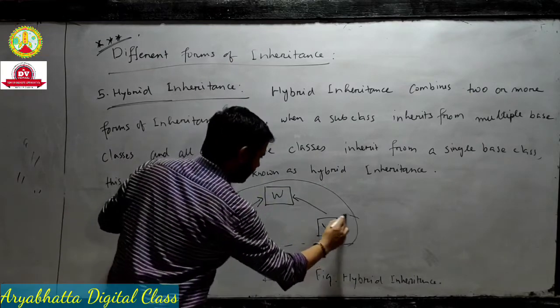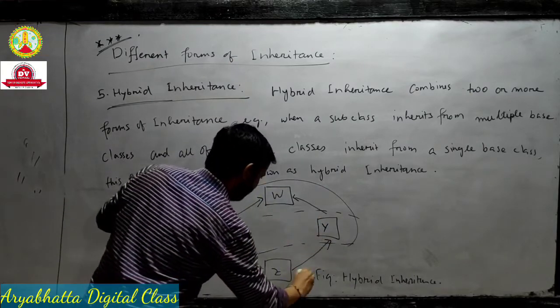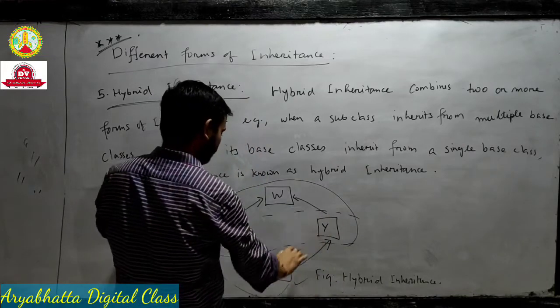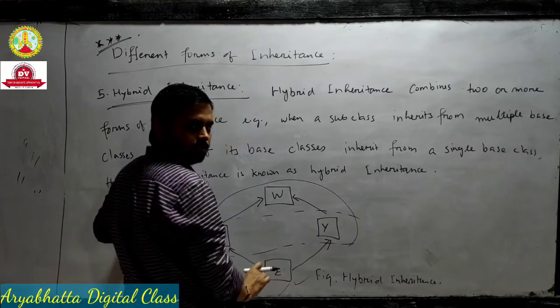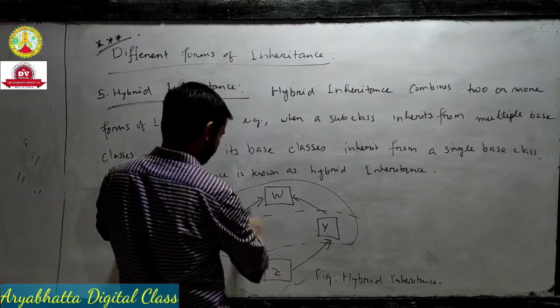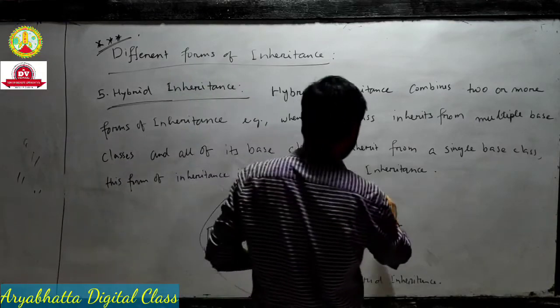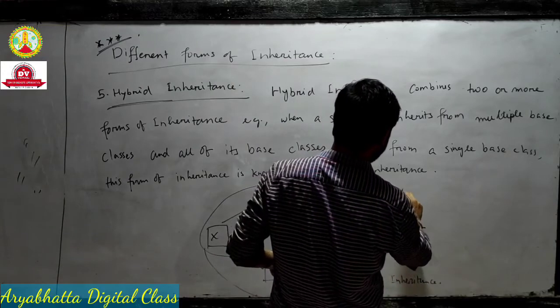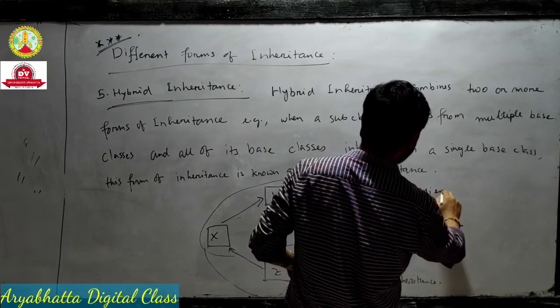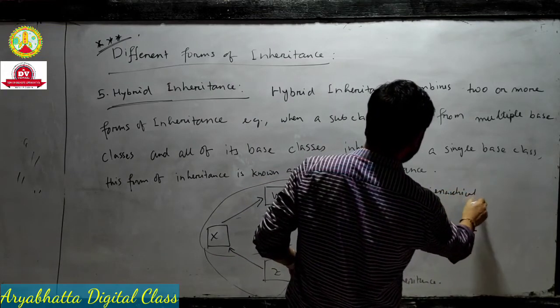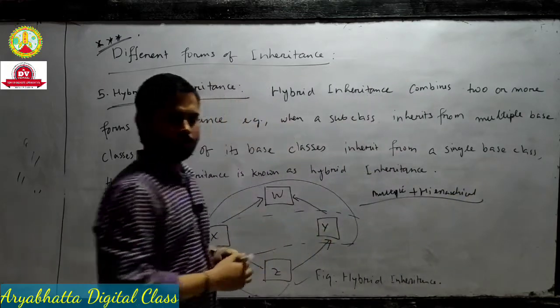And if you see this inheritance, then see one subclass and two base classes, this is hierarchical inheritance. Means it is a combination of what? Multiple plus hierarchical. Right? You got it?